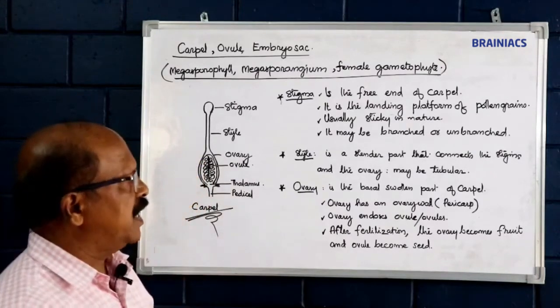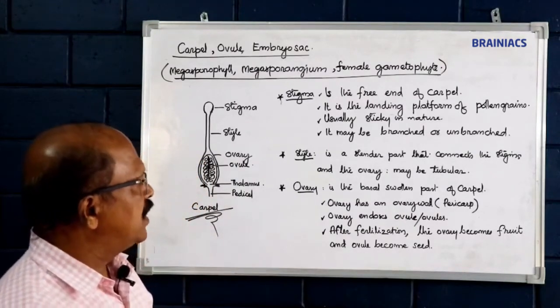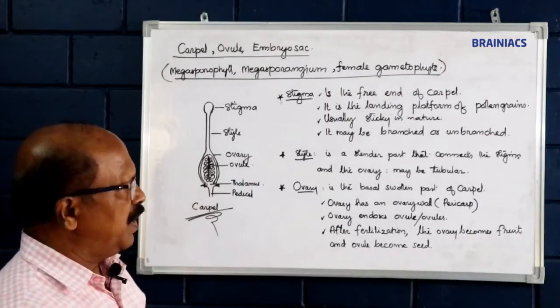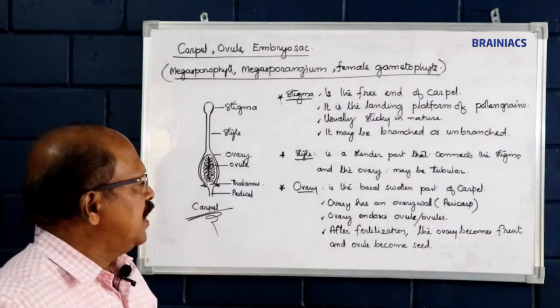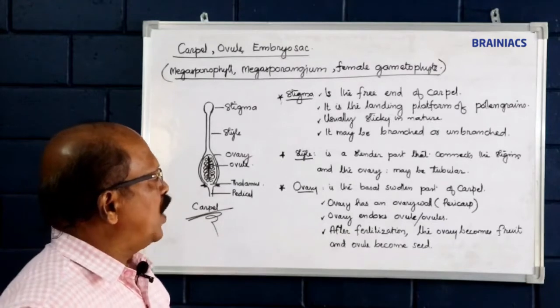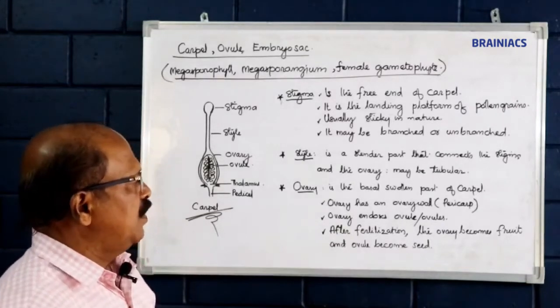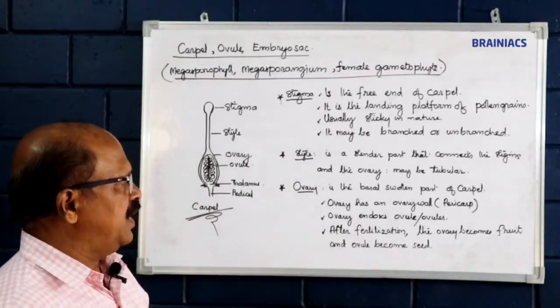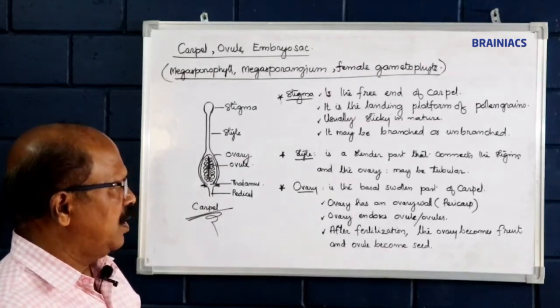Style is a slender part that connects the stigma and ovary. It may be tubular. The basal swollen part is ovary, which has an ovary wall.